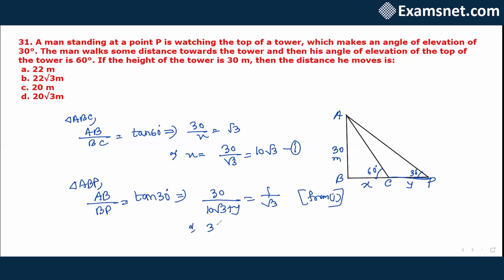Let's do the cross multiplication. Okay, so 30 root 3 minus 10 root 3 will give us the value 20 root 3 meters. So the distance he moves is 20 root 3 meters. Option D is the correct answer here.